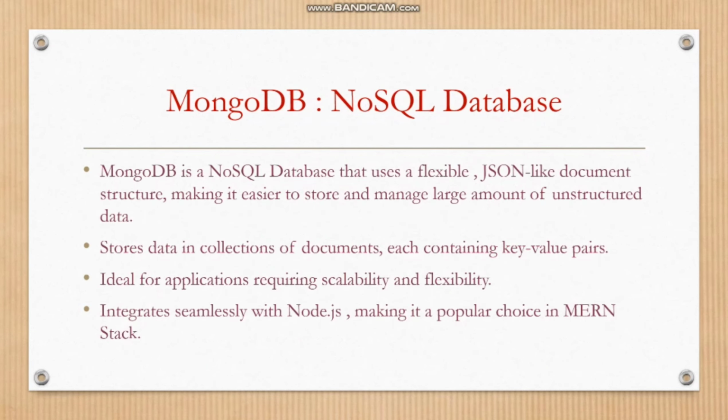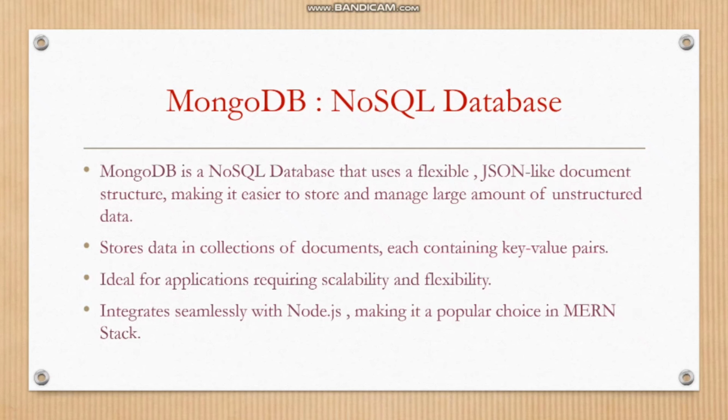So now let's move on to MongoDB. MongoDB is basically a NoSQL database that uses a flexible JSON-like document structure, and it makes it easier to store and manage large amounts of unstructured data.